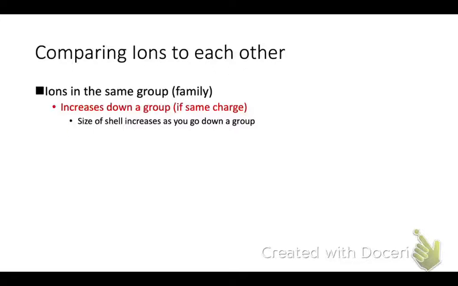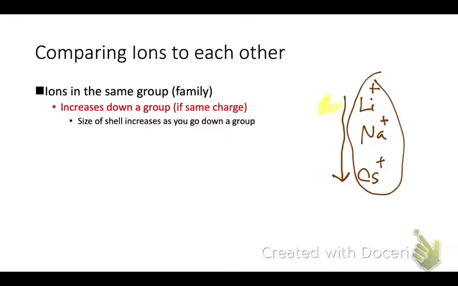You can have a lithium cation, sodium cation, and cesium cation, going down group 1A. They are all cations, but if I compare them to each other, as I go down, I am increasing the n level. So cesium is larger than sodium cation, which is larger than lithium cation.